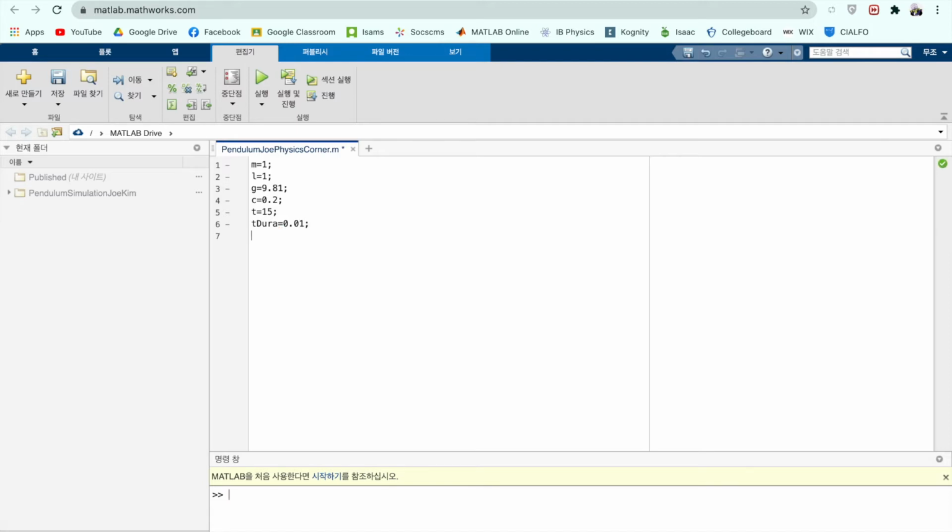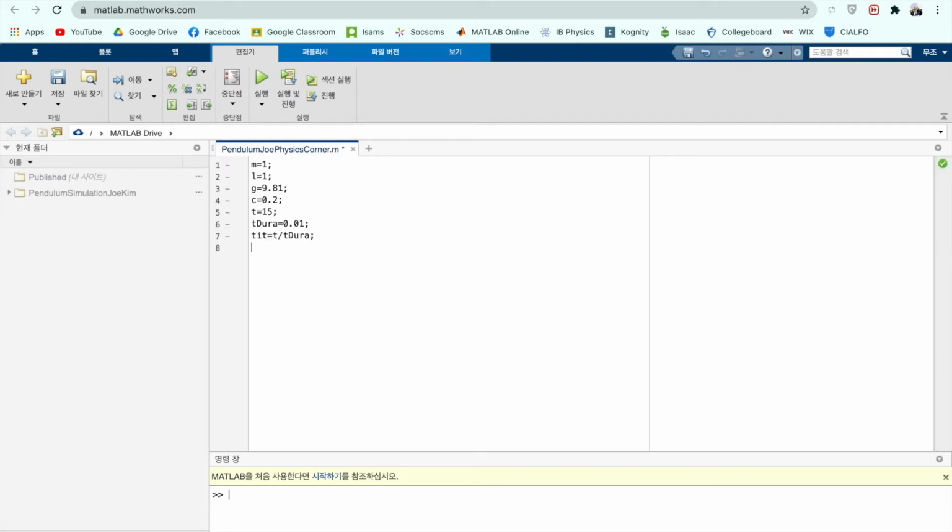And then we have the number of iterations of that time. If you have 15 seconds, the number of discrete values we have is going to be 15 divided by 0.01, which is 1500. And so we have time iter, or t-it, as t divided by t duration, the number of durations.